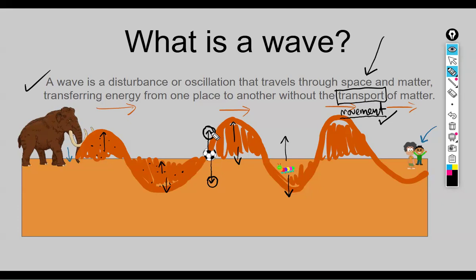They're moving up and down. Transport kind of hints that it's actually moving forward horizontally. So the better word to use is transport, right? There is no transport of matter, but there is movement.